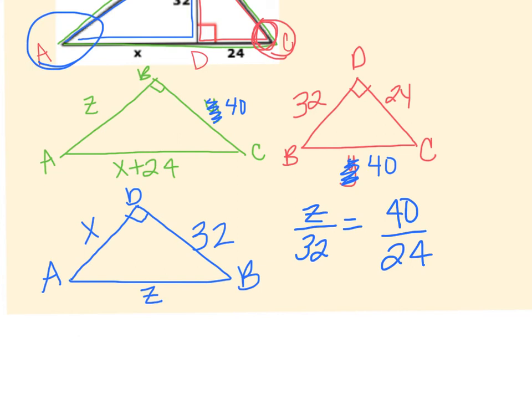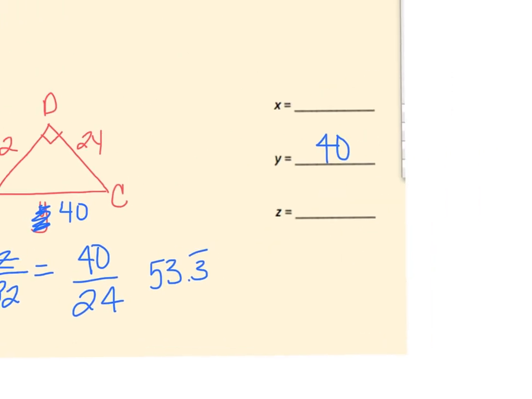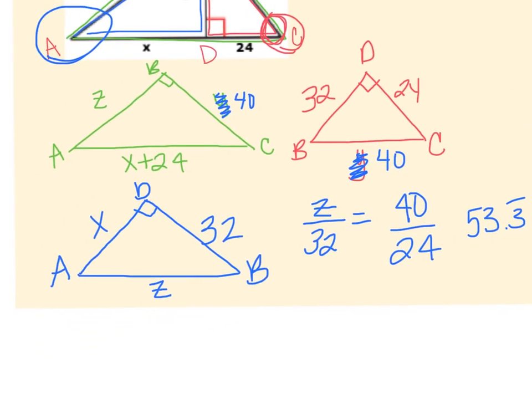And then it's just a matter of cross multiplying and dividing. 32 times 40 divided by 24, which is 53.3 repeating. So that is what Z comes out to be. So not the nicest of numbers, but a number nonetheless.